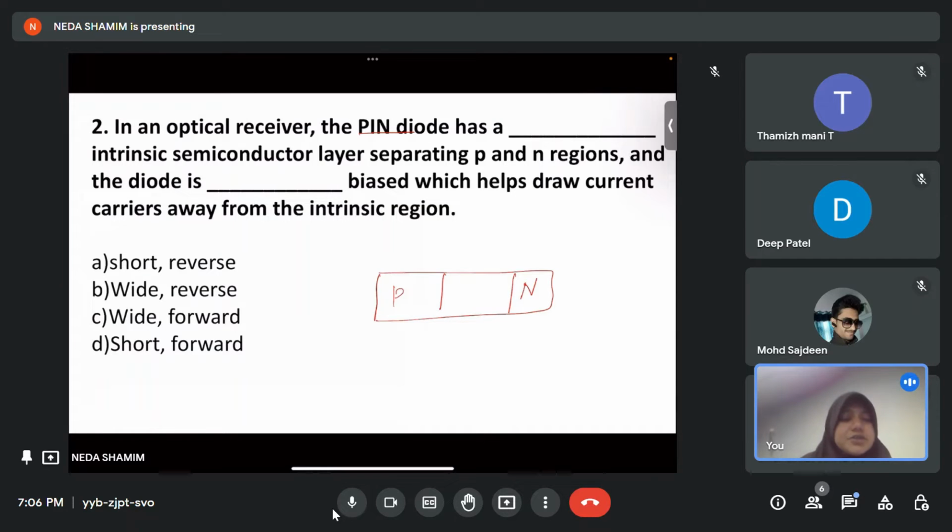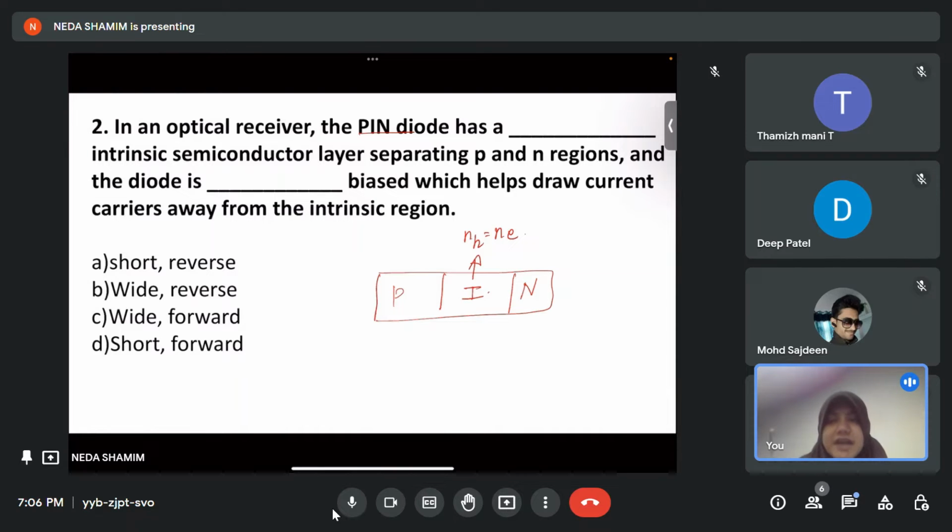And in between the two, the P and N doped regions, will be an intrinsic region. Intrinsic region means it's an intrinsic semiconductor, that is, an undoped semiconductor where the number of holes is equal to the number of electrons. And the conductivity of such an intrinsic region is less than doped semiconductors.